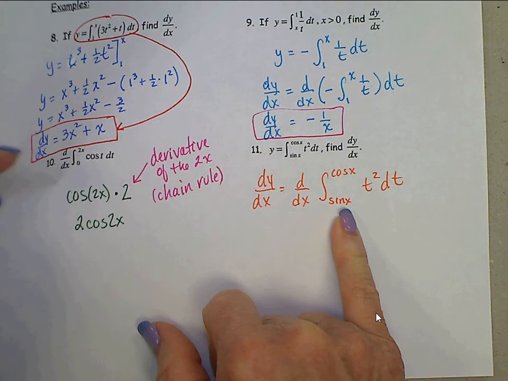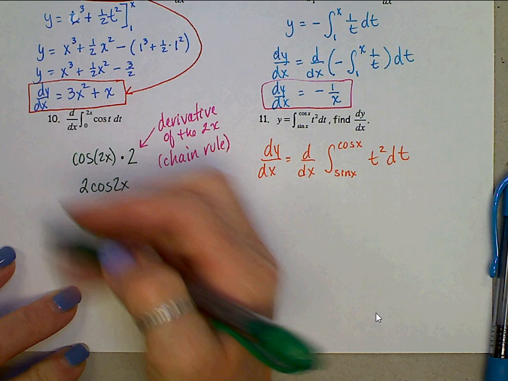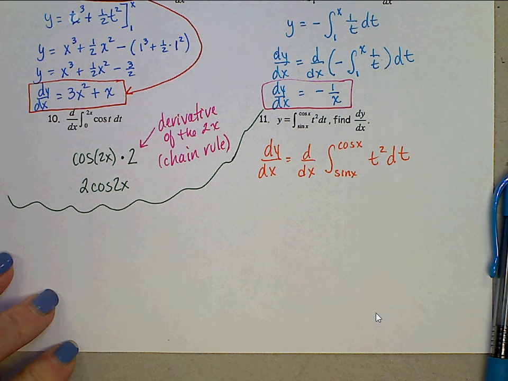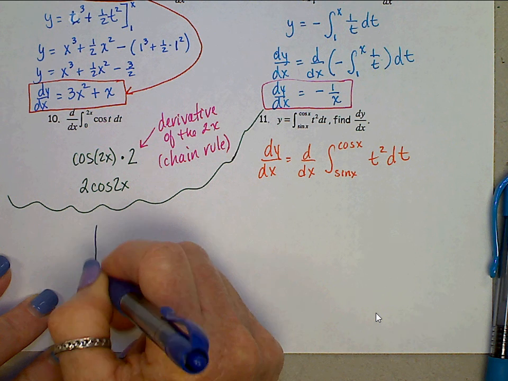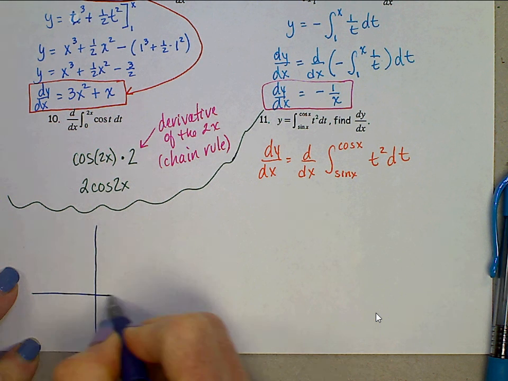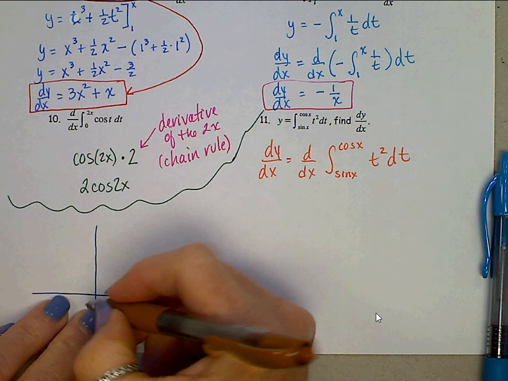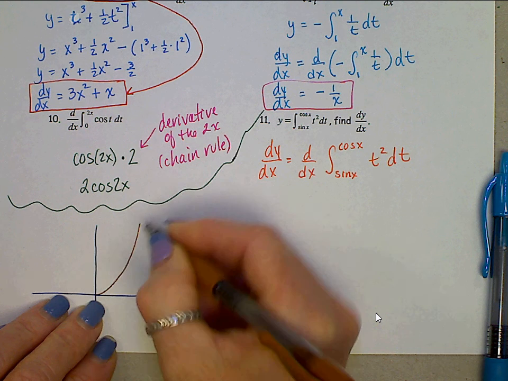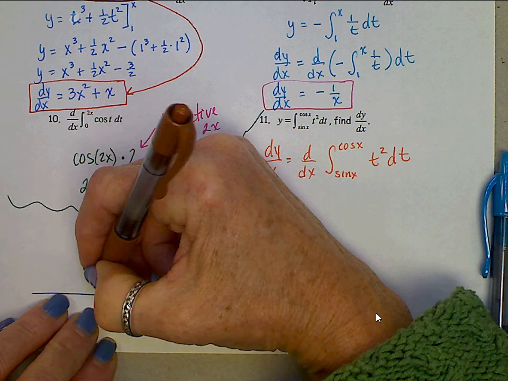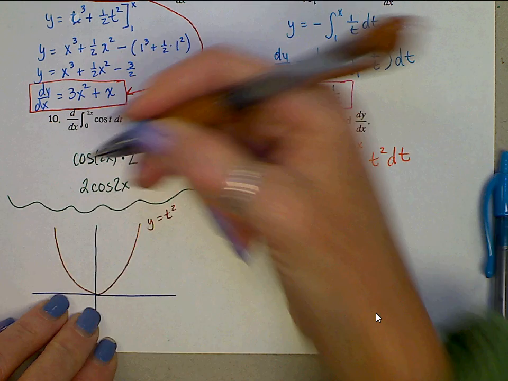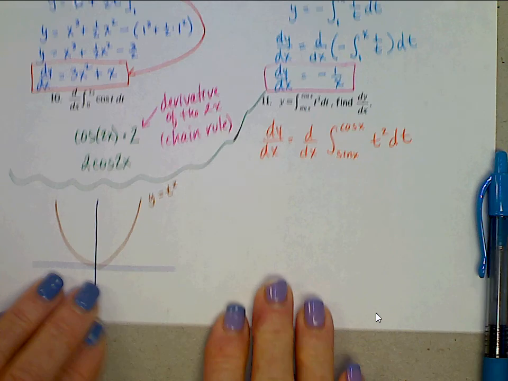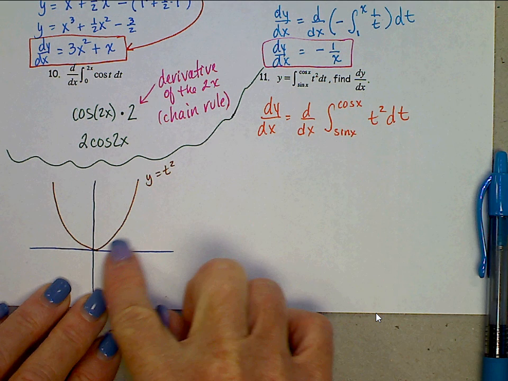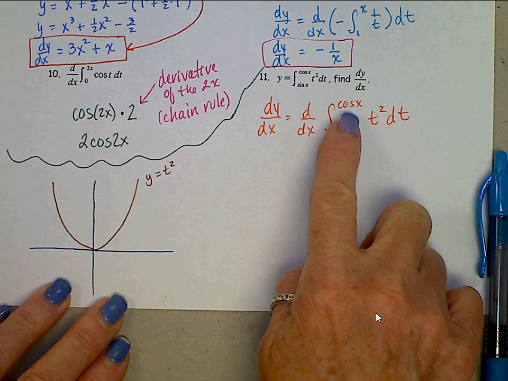Let's come over to this side over here and sketch a graph of y equals t squared, and think about what this is describing: the area underneath that curve from sine x to cosine x.